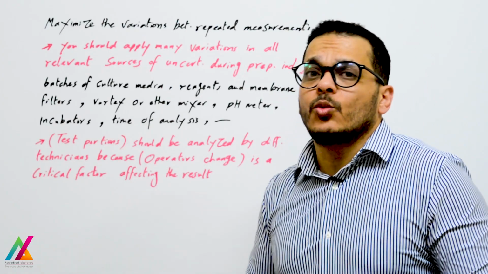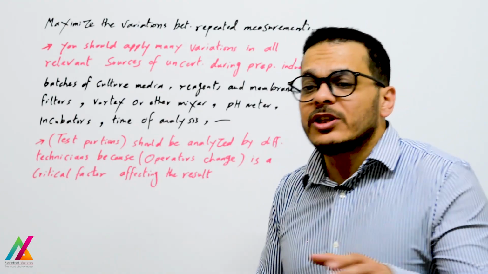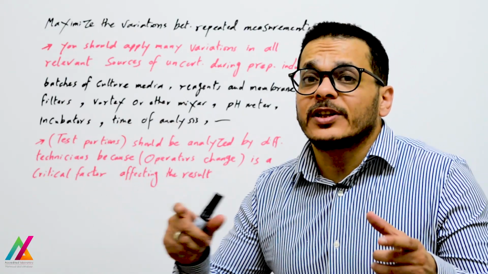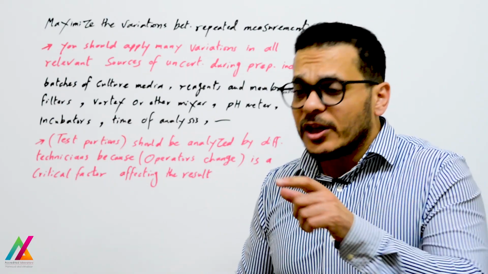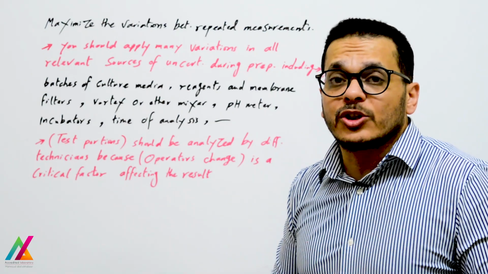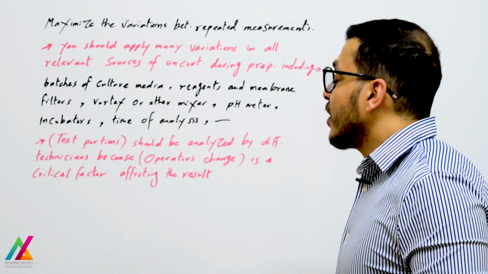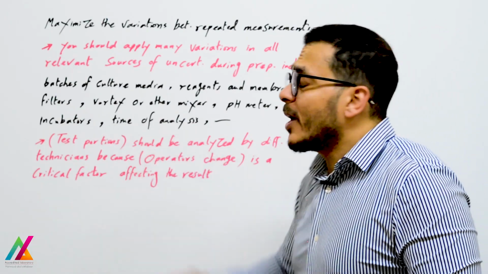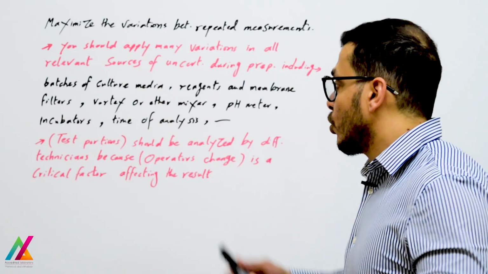If you have only one brand of media, you can use different batches of this media. Reagents, you can have from different companies, or if you use the same company, you can use different bottles or batches. The same goes for membrane filters, vortex or other mixers, and pH meters. Incubators, if you have different incubators, use all of them.